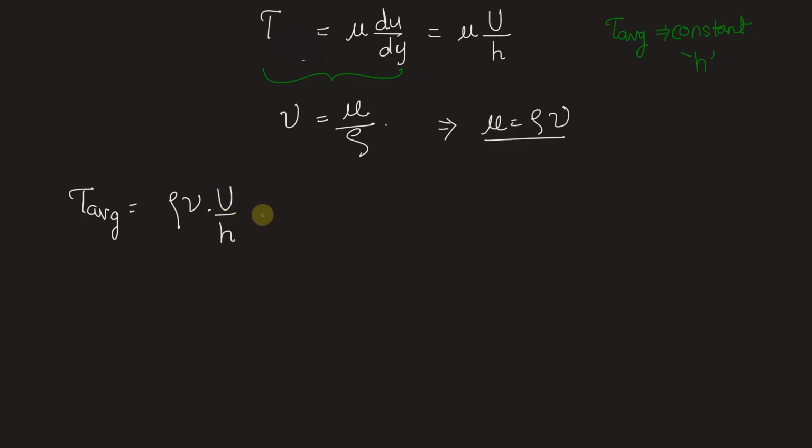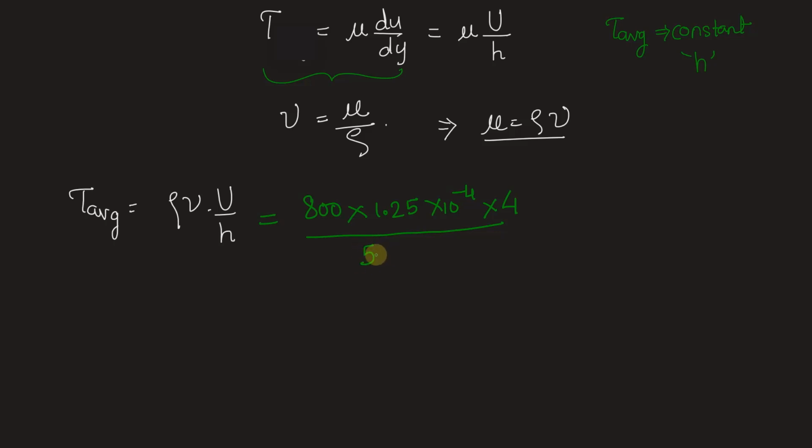Just substituting all the given values, everything is in SI units, so let's keep the units the same. 800 into 1.25 into 10 to the power minus 4 into the velocity of the top plate, which is 4, divided by the depth, which is given as 5 mm.